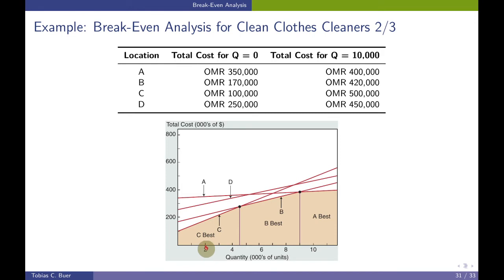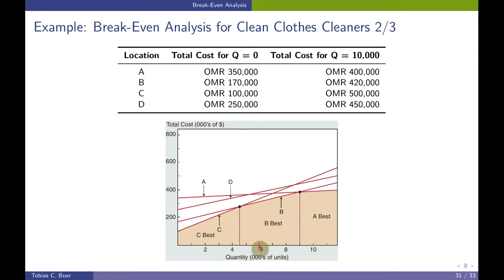If we clean 2,000 items, for example, then we are here at 2,000 items, and we go up until we reach the first straight line. This is the line that represents location C. So if we think we will sell 2,000 units, then we should go for location C, because this is the location that offers us the lowest total cost for this sales volume.